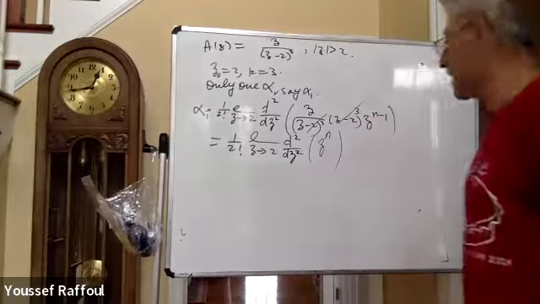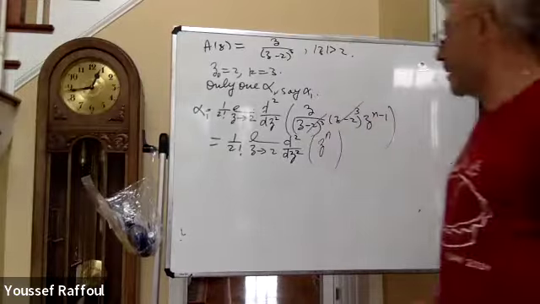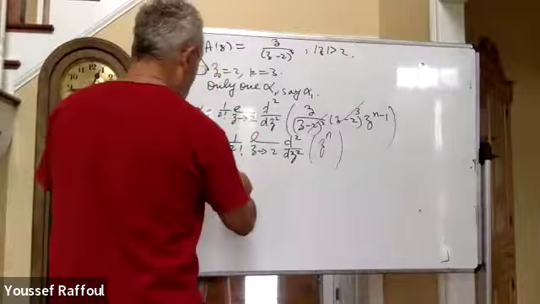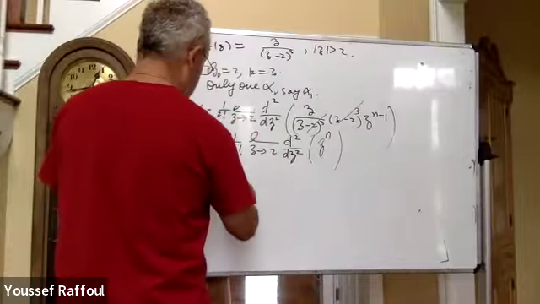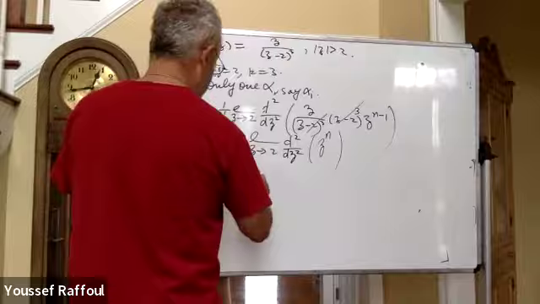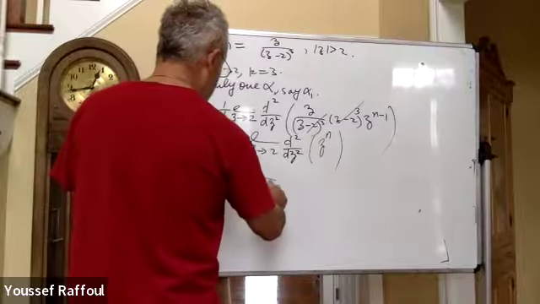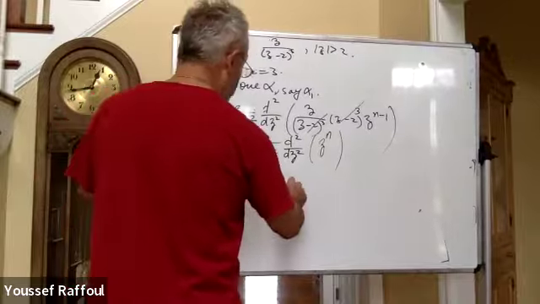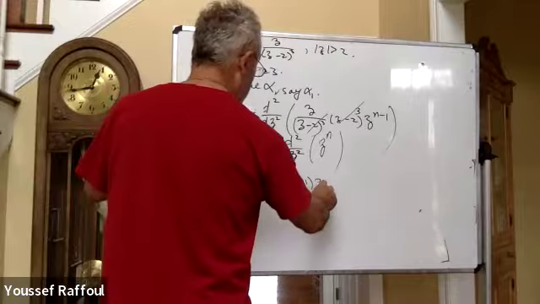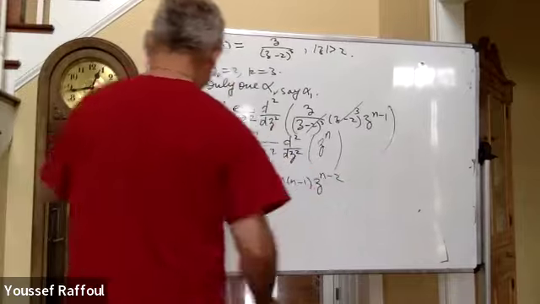So you're taking the second derivative of z^n. So this is 1 over 2 factorial, the limit as z approaches 2 of n times n minus 1 times z^(n-2).